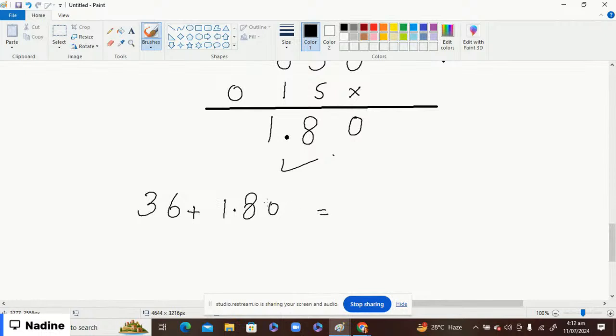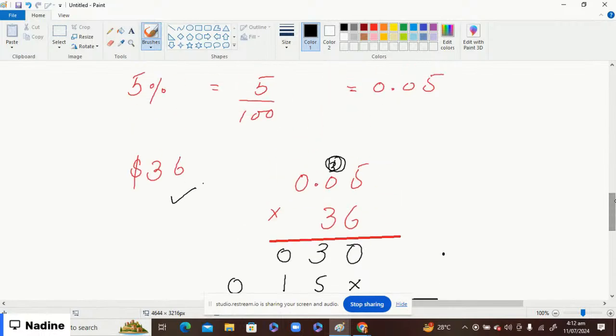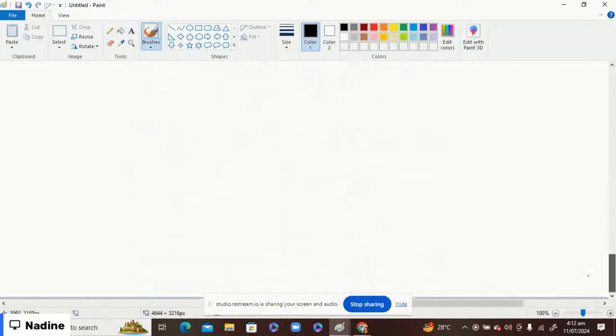These are both in dollars, and when we add them, it becomes 37.80. And this is basically your total cost. Okay, understand this one? So this is the way to solve this question.